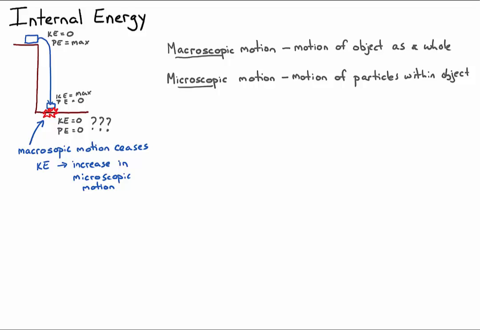Now, of course, it's not quite as simple even as this. Microscopic energy or internal energy comes in two different forms. So just write this equation out here. Internal energy is made up of microscopic kinetic energy and microscopic potential energy.